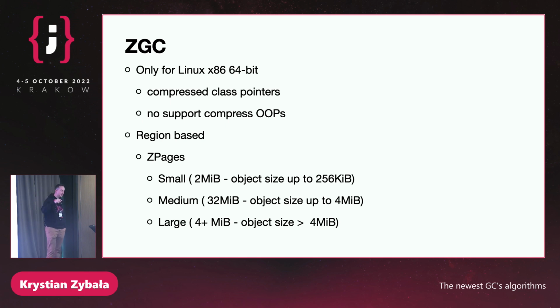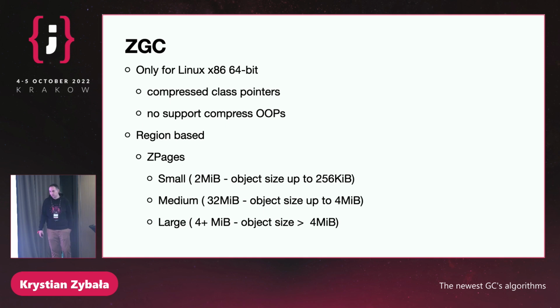It means that in the heap we have different sizes of regions. In G1 and Shenandoah, we can decide how many megabytes are assigned to a region, but all regions are equal. For example, when we set the region to 4 megabytes, each region has 4 megabytes. In this scenario, it's a different approach.